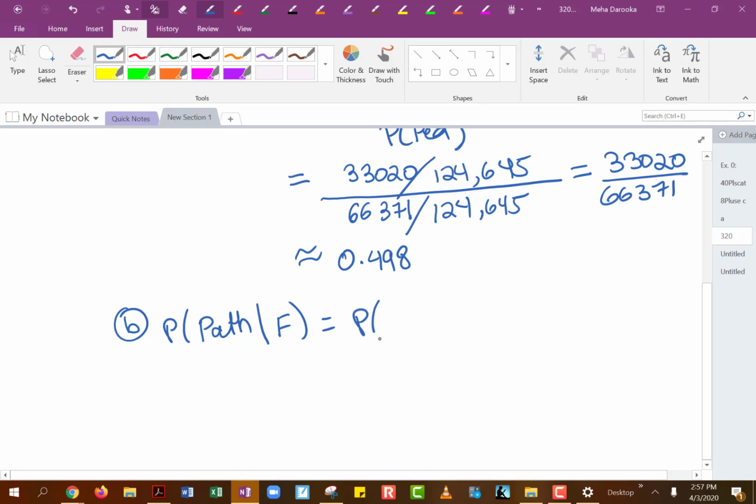So this one, using our conditional probability formula, would be they are both female and pathologist, divided by the probability of being a female.